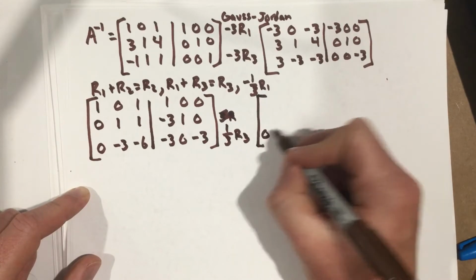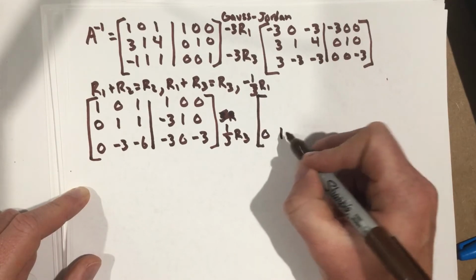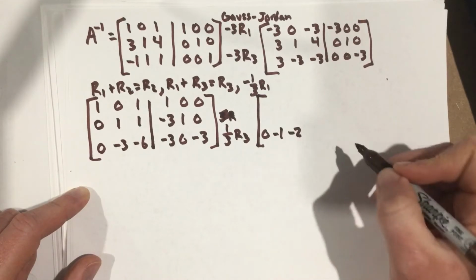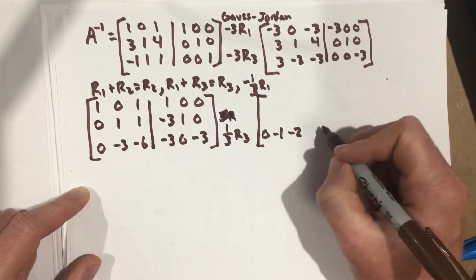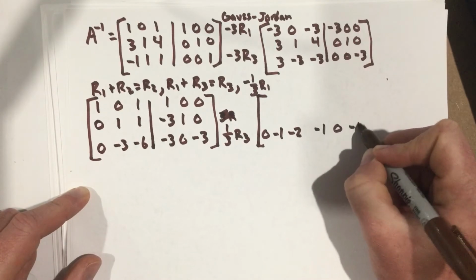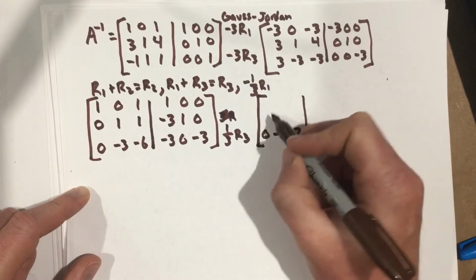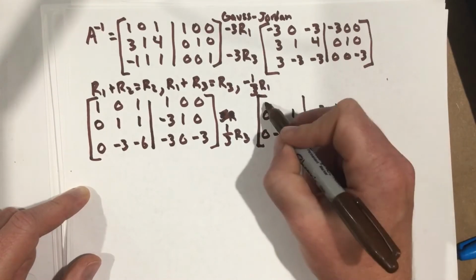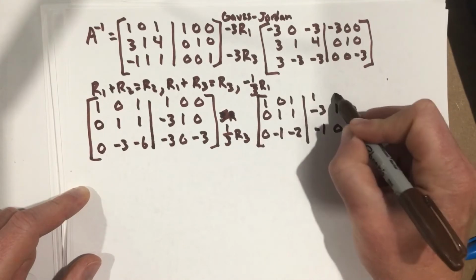So we're going to get 0, 1, 2. This should be -1 and -2. This is -1, 0, -1. Everything else stays the same. 0, 1, 1, -3, 1, 0, and 1, 0, 1, 1, 0, 0.